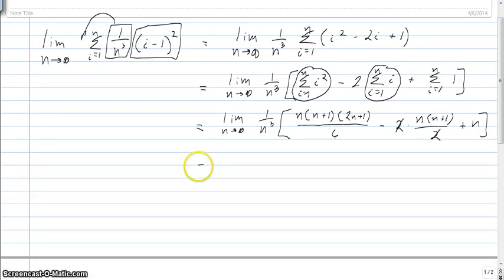Right, and then the last thing that I think I can do to help me evaluate the limit is distribute the 1 over n cubed through. So the limit of all of, I'm just going to write this as 1 over n cubed. And I'm not going to worry about multiplying all of this out. We could, but I don't think I need to.